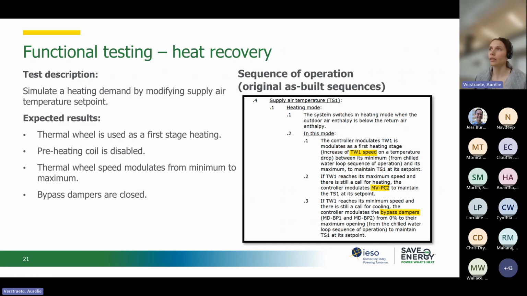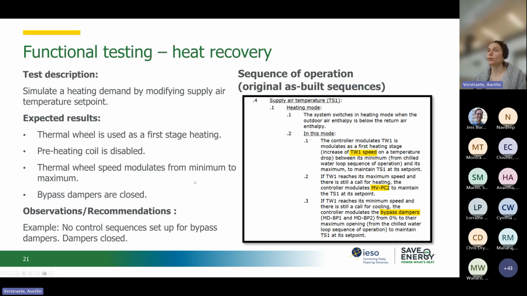So the thermal wheel is used as the first stage of heating. The preheating coil is disabled, and the thermal wheel speed modulates from a minimum to a maximum. Bypass dampers are closed when there is a heating demand and will modulate if there is a need for cooling.